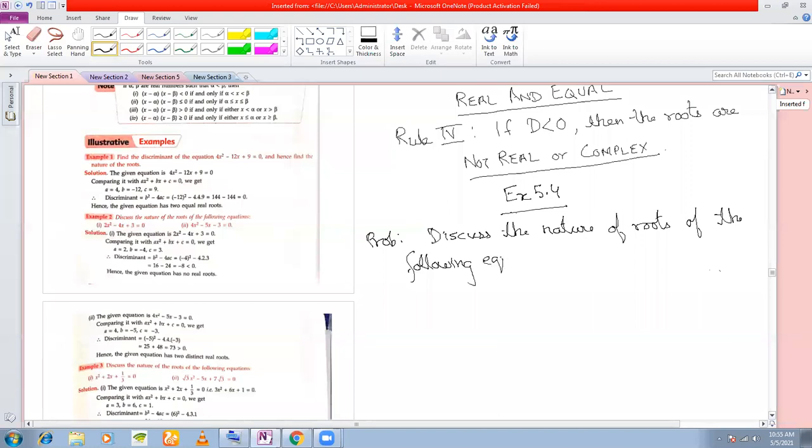Now, what do you mean by discuss? Discuss means what type of roots: whether they are real, whether real and unequal, whether they are equal, unequal. That is what you want to check. And these are the equations that are given to you.